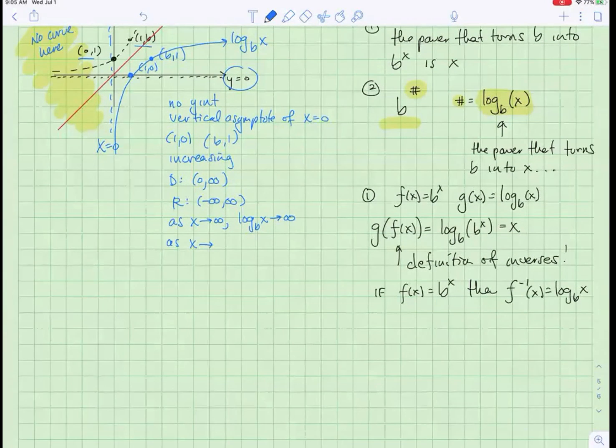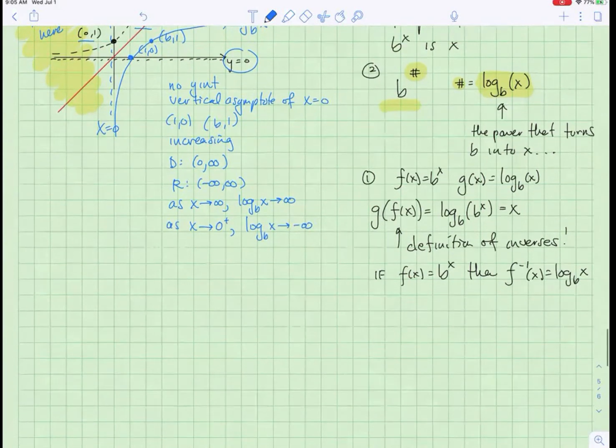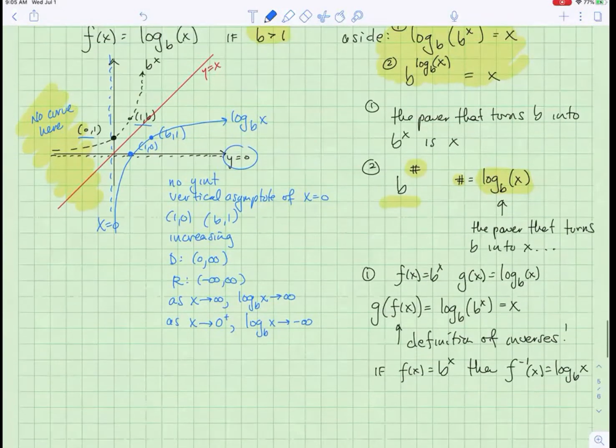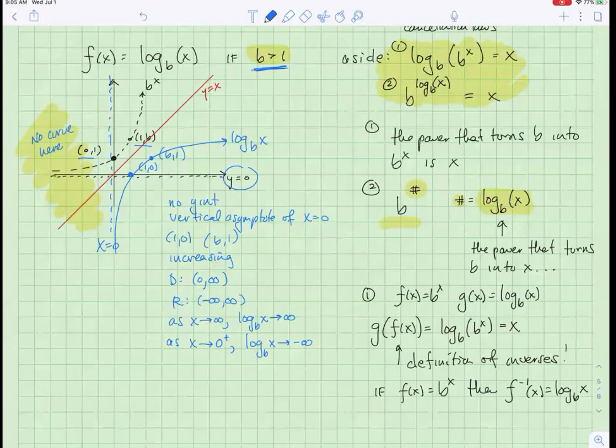In fact, if you look at this from right to left, x gets close to 0 but never reaches 0, much like the cricket in the shoebox never reaches the other side of the shoebox. And in this case, log base b of x approaches negative infinity. And those are the properties of log base b, provided b is greater than 1.